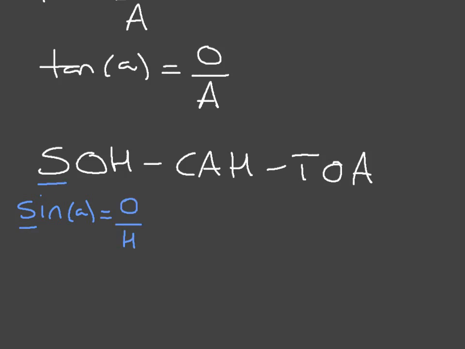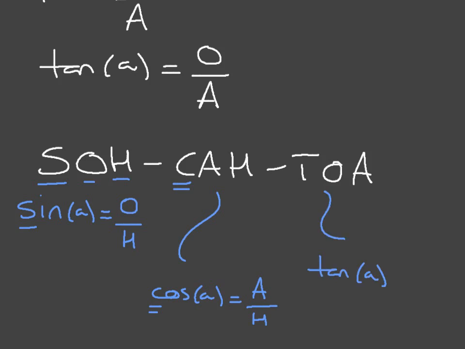CAH is telling me that the cosine of any angle A is equal to the adjacent divided by the hypotenuse, and the C for cosine is the first letter we see here. And finally, TOA is telling me that the tangent of any angle A, T for tangent, is equal to the opposite divided by the adjacent.